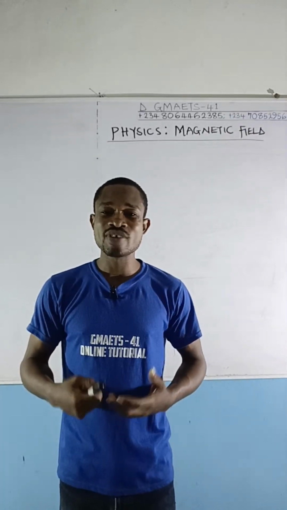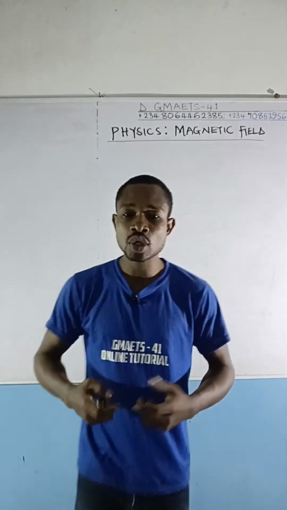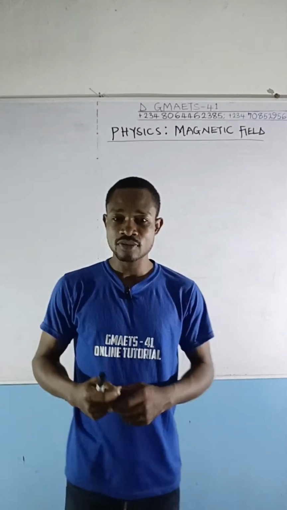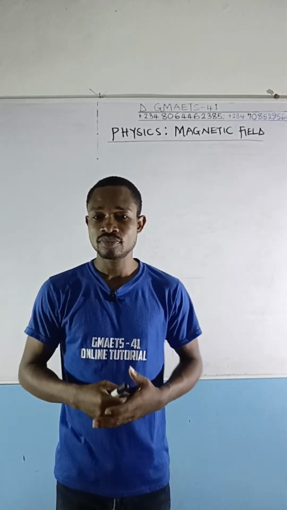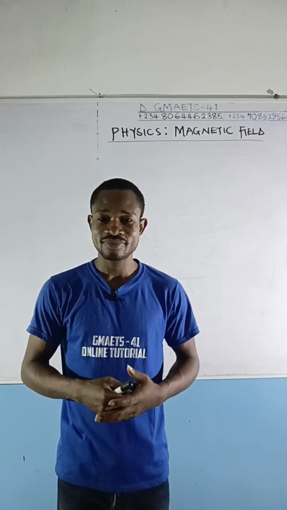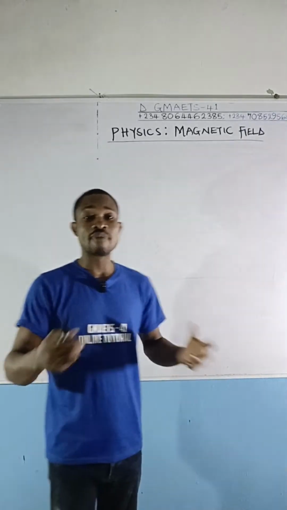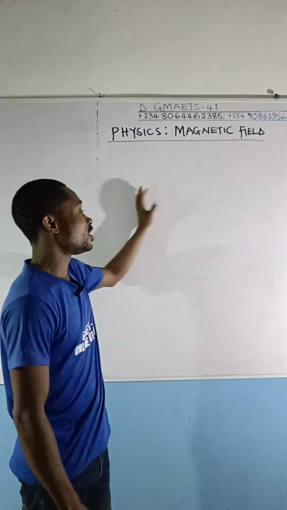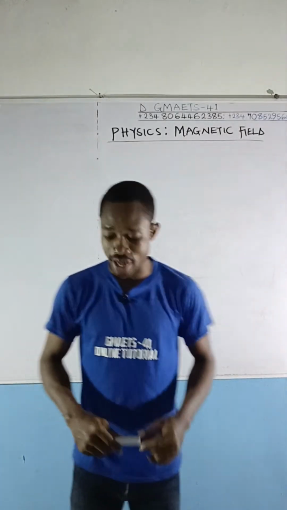We can represent that thing with what we call magnetic line of forces. And so one can see in the study of magnetic field, if I have a magnet here, you can see the line of forces. These line of forces are imaginary.